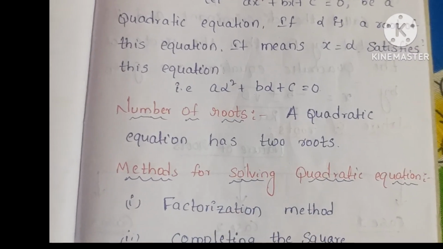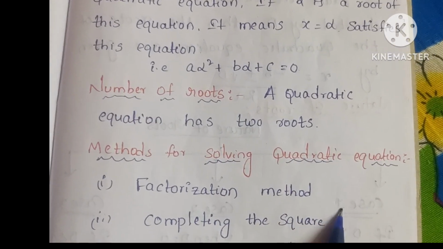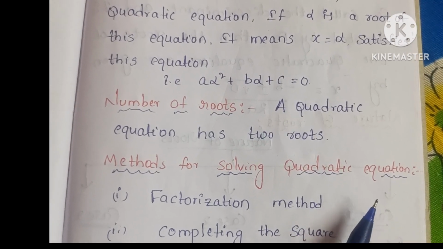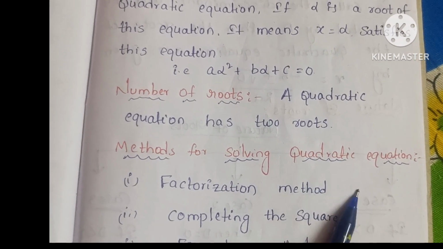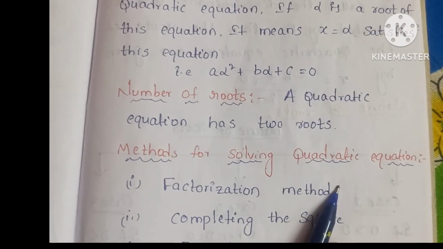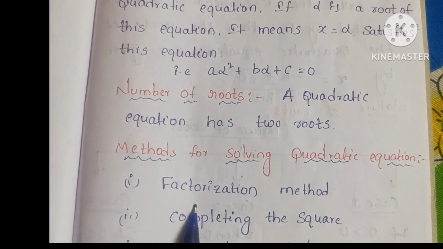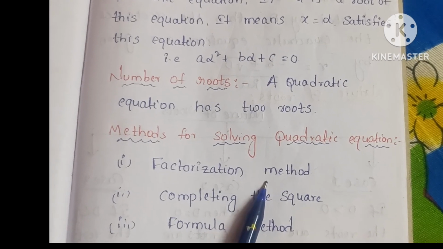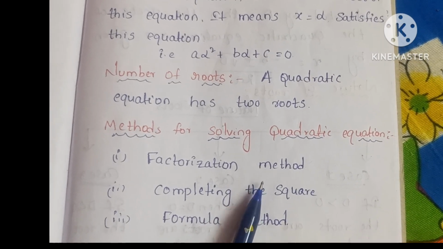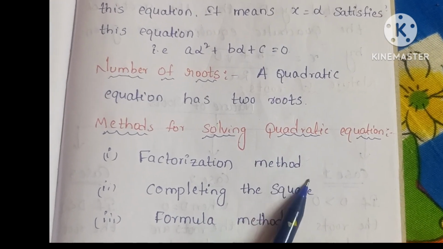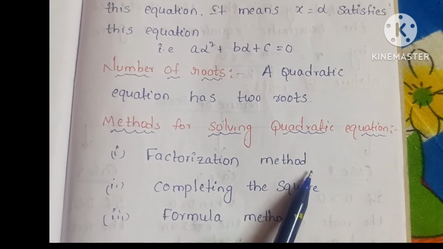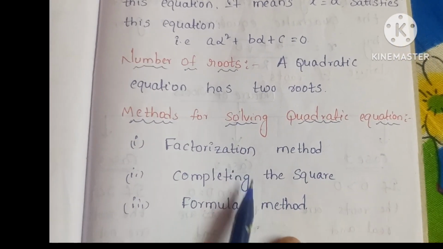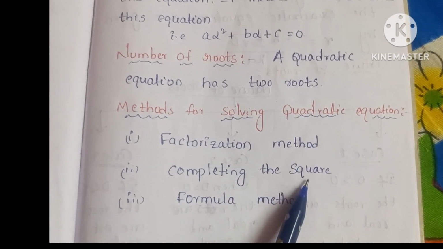Now, solving the quadratic equation in order to get zeros or roots. We solve this equation in three ways. One is the factorization method. We already did this in 8th and 9th classes. Next one is the completing the square method.